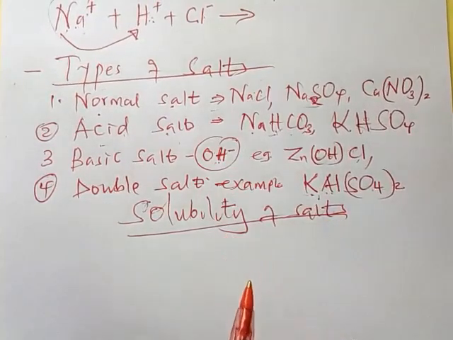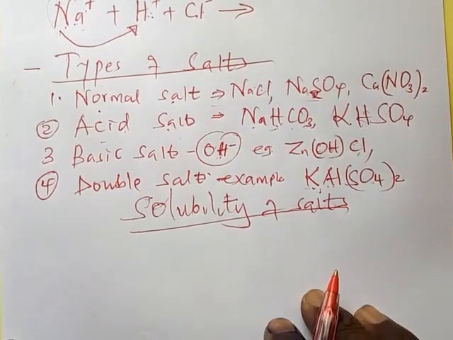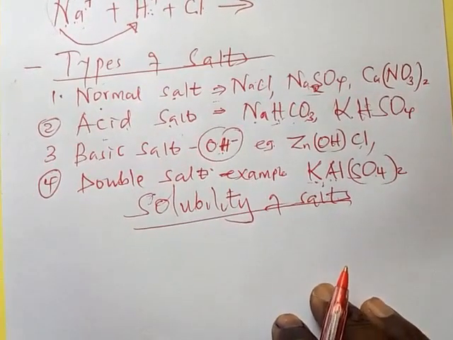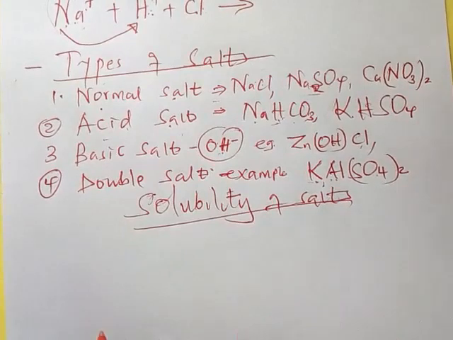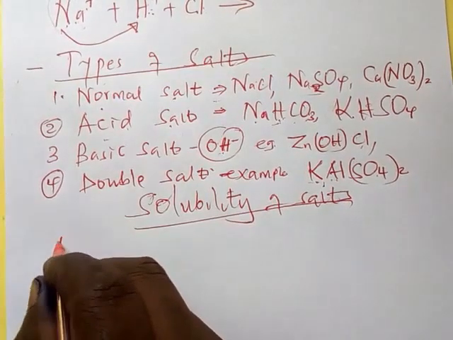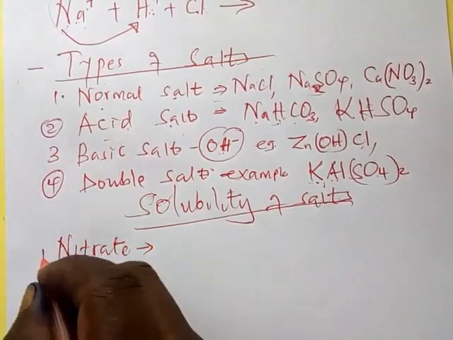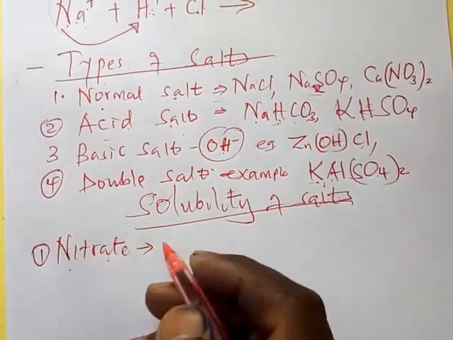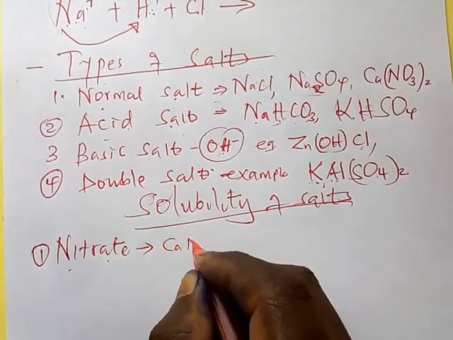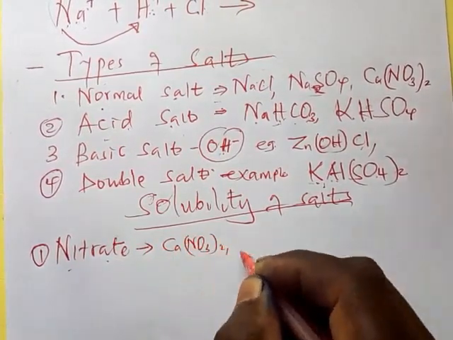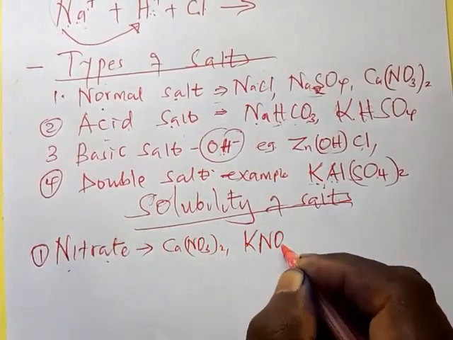But before we talk about the solubility of salts, it is important for you to know the types of salts we have. Number 1, we have salts that we call nitrates. Examples are calcium nitrate, potassium nitrate, sodium nitrate.